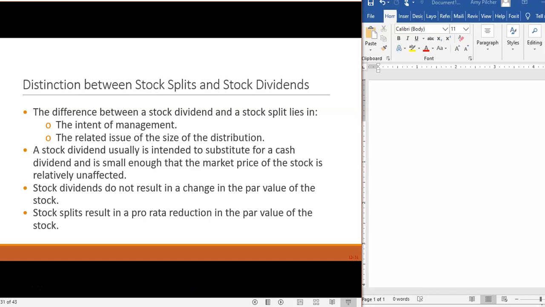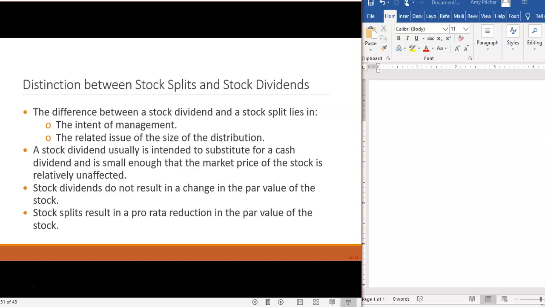So we'll talk about the distinction between stock splits and stock dividends. With a stock dividend, each shareholder gets additional stock. It's a substitute for a cash dividend, and it's small enough that the market price is relatively unaffected.